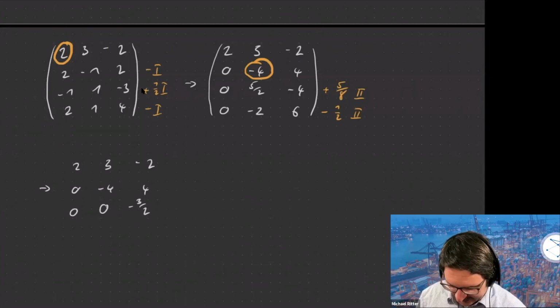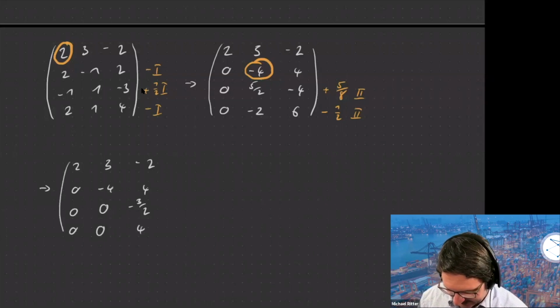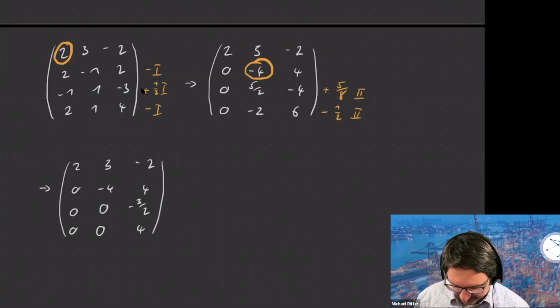So we get minus 3 over 2, I think. And finally, 0, 0, and then minus 2, that's a 4. Yeah, and finally you can see we can just add 4 times 3 over 2. That's, I think, 6 times that, right? That would be, no, not 6 times.